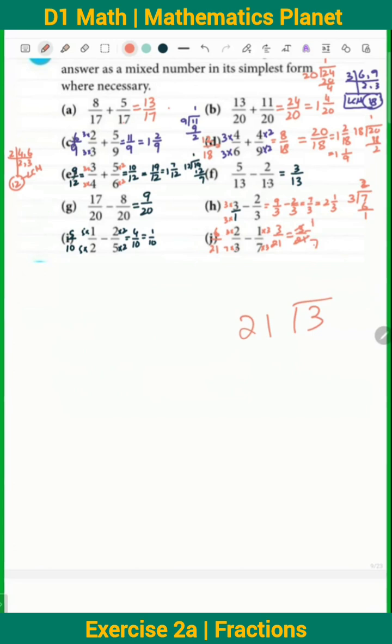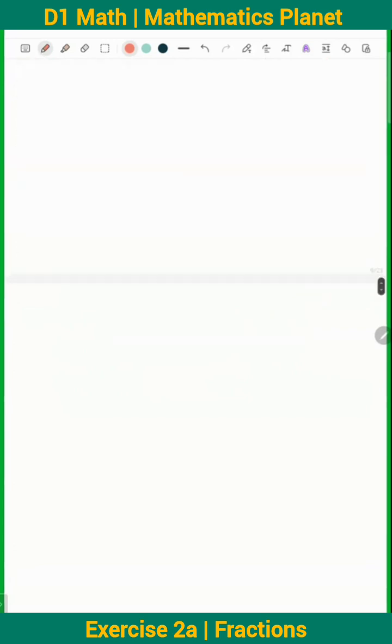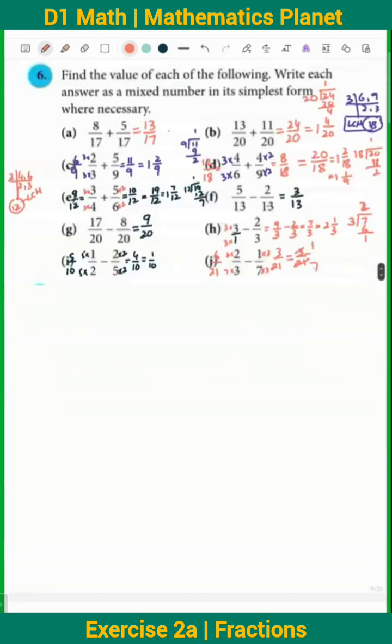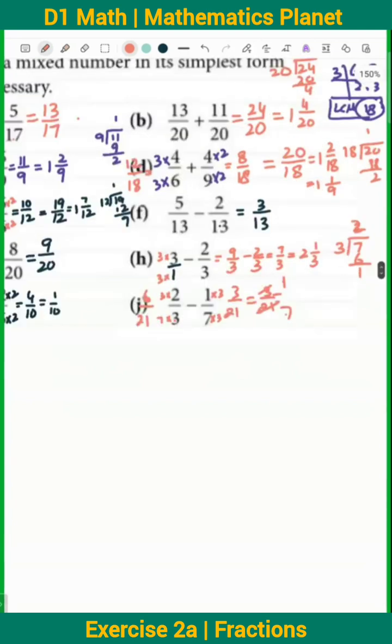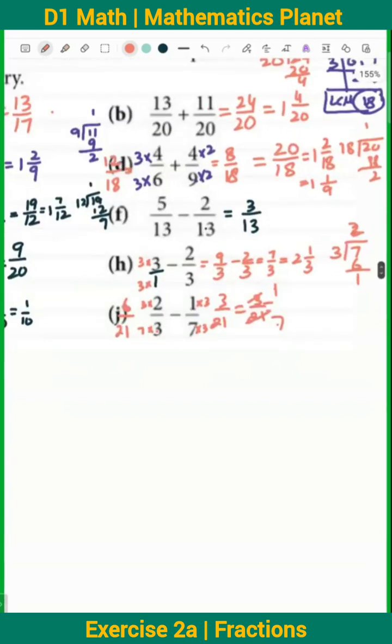Got it? Okay. In 2 upon 3, we have to multiply by 7, right? You have multiplied 2 by 3. Yes. Oh, sorry. I need to multiply it with 7. Which student pointed out the mistake?